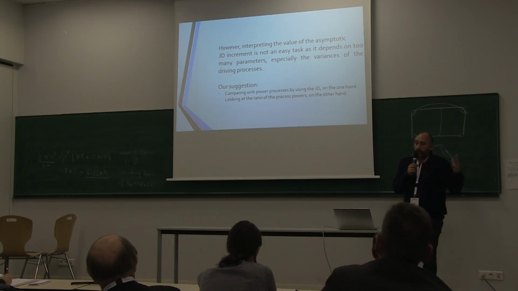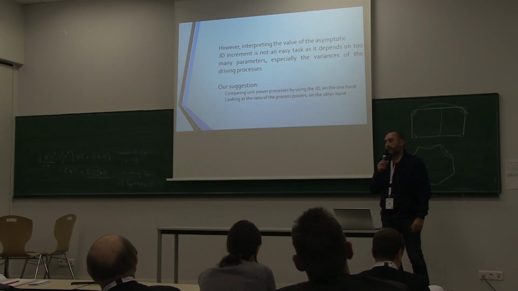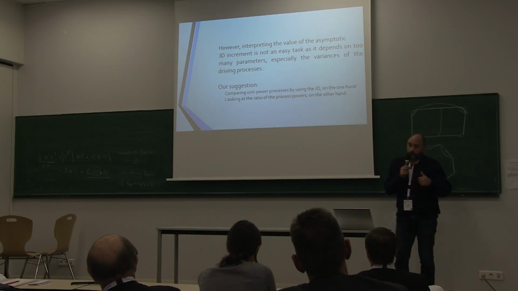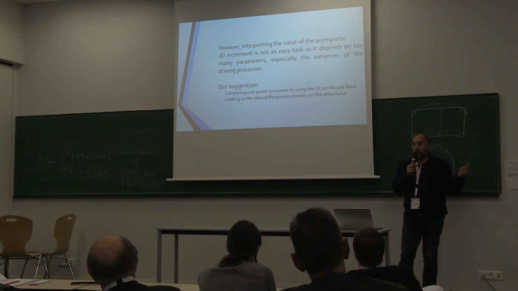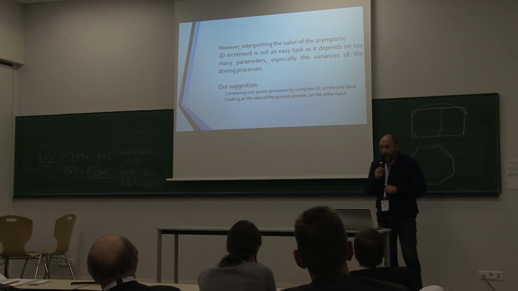Nevertheless, interpreting the value of the asymptotic JD increment is not necessarily an easy task, because we take into account all the parameters. That means the autoregressive or moving average parameters, the variance of the driving processes.